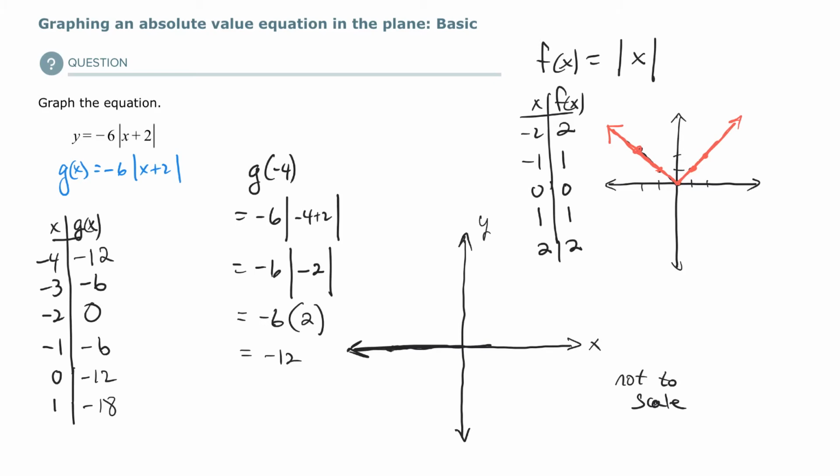And over here I could go 1, 2, 3, 4, -1, -2, -3, -4. And let's draw our y values on a scale of 6. So I'm going to go 1, 2, these are 18, this is 12, and then this is 6. This is -6, -12, and -18. And let's plot some ordered pairs.